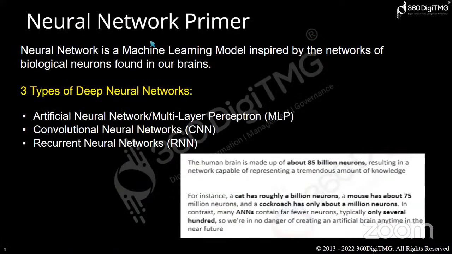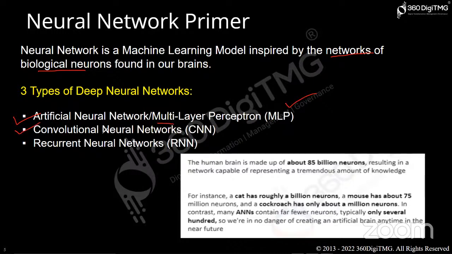Now talking about neural networks in machine learning. Neural networks are a machine learning model that are inspired by the network of biological neurons found in our brains. They try to mimic this network of biological neurons. If we talk about types of deep neural networks, there are considerably three types. We have the artificial neural network, also known as multi-layer perceptron (MLP).